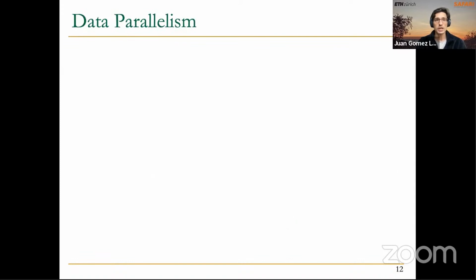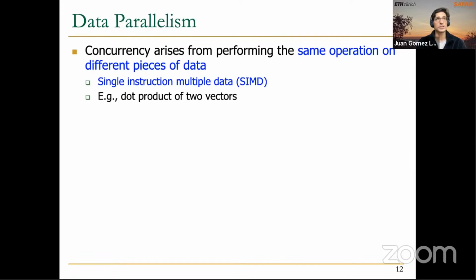As I said in the beginning, SIMD processors are good at exploiting data parallelism. What this means is that concurrency, or the simultaneous execution from multiple processors, arises from performing the same operation on different pieces of data. It's essentially the example that we have seen before from Flynn's paper. There we have multiple processing elements, and each of them is operating on a piece of data coming from the operand storage.